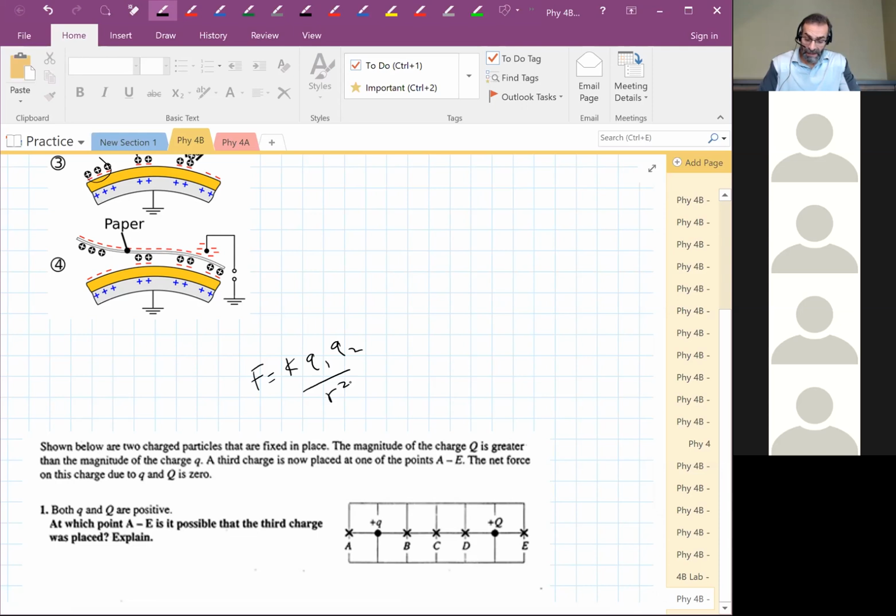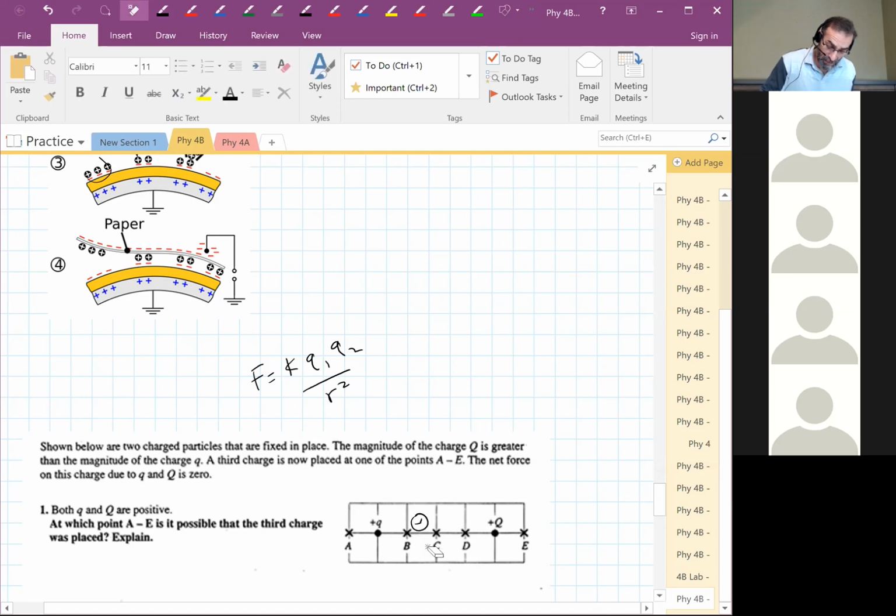And where do we have to be for them to cancel out? Outside of the two charges or between them? Between them, that's correct. Does it matter whether the charge we're sticking there is positive or negative? Let's put a negative charge somewhere in between here.